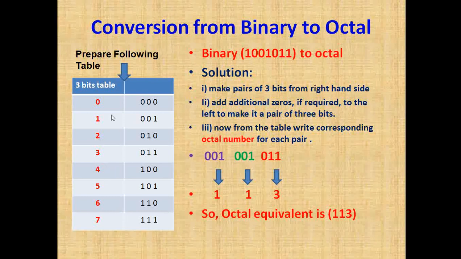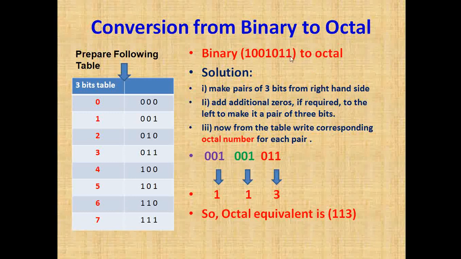Once we have created this table, it becomes very easy to convert a binary number into an octal number. The steps for converting from binary to octal are, first of all, we make groups of 3 bits from the right hand side.